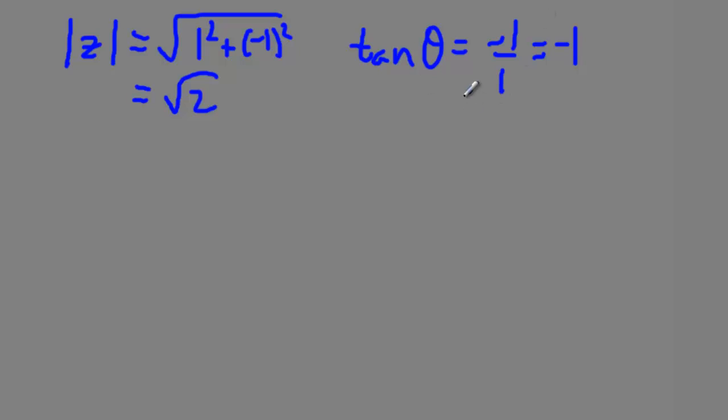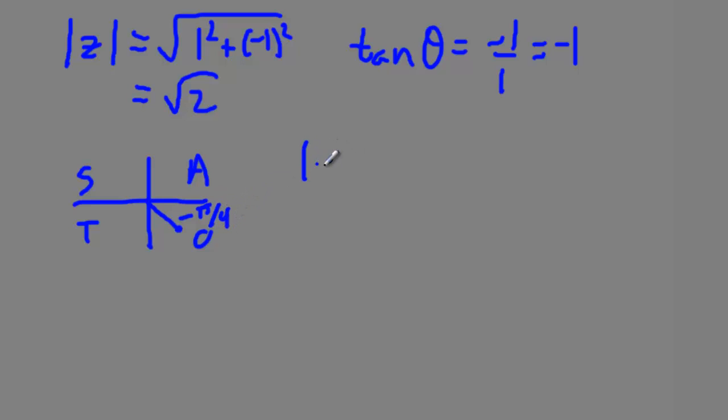So this angle is really a 45-degree angle, but let's just check out what quadrant it's in. So 1, negative 1 is down here in the fourth quadrant, and we know in the fourth quadrant that tangent is negative by the CAST rule. So well, that would make that a minus 45-degree angle, or minus pi over 4.